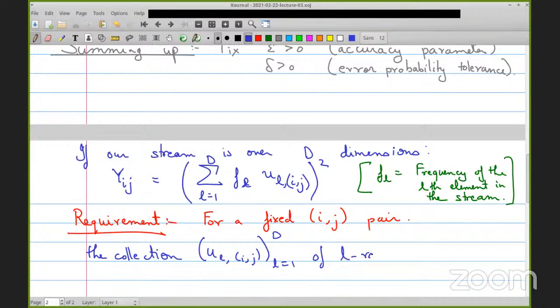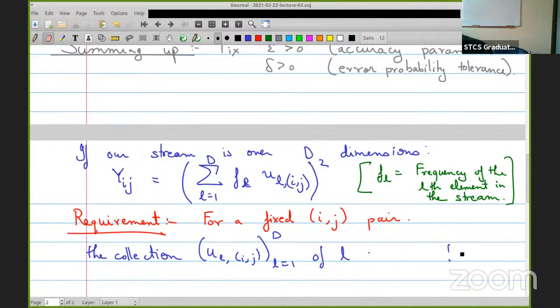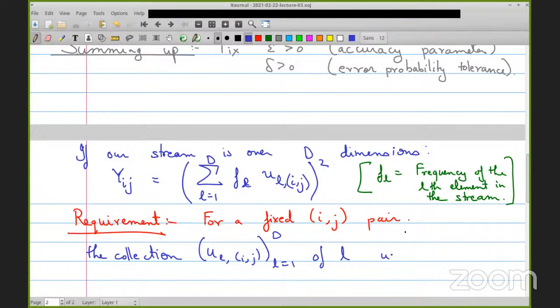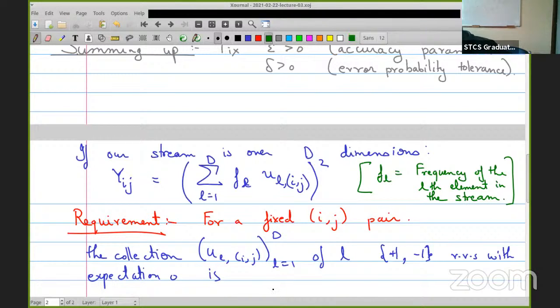Yeah, 4-wise independent, uniformly random plus 1 minus 1 with expectation 0.